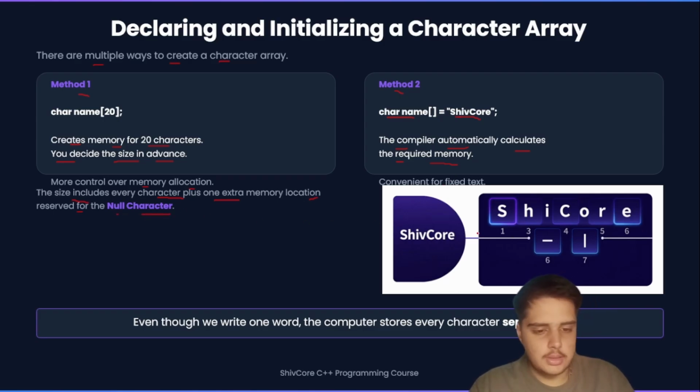Like here in the word ShivCore: S, H, I, V, C, O, R, E, and an extra null value was there. So even though we write one word, the computer stores every character separately.